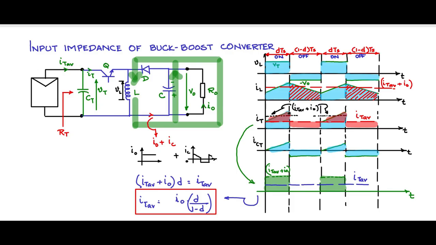The excess varying component is provided by CT. And during the 1 minus D Ts time, when Q is off, IT is 0. So all the IT average component is going into the CT capacitor, charging it up.